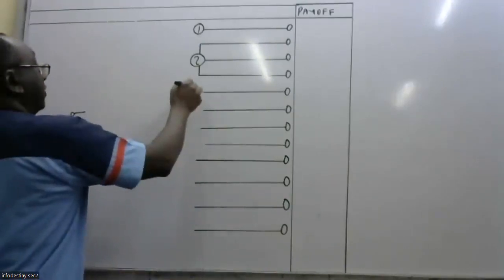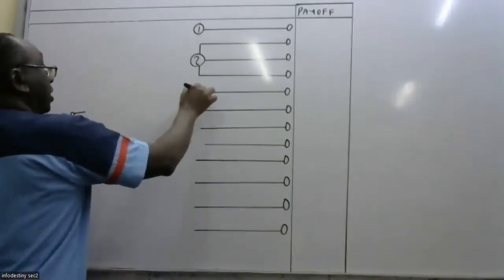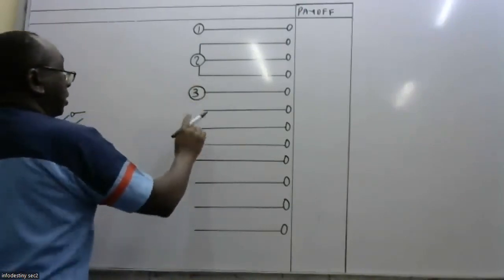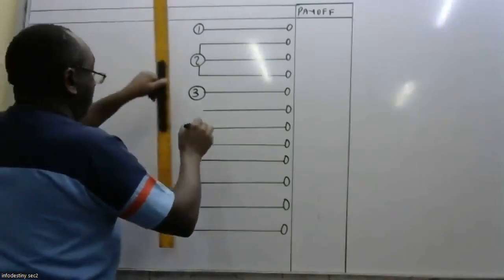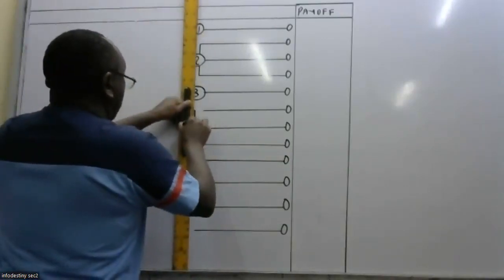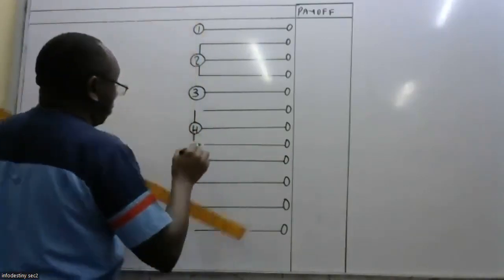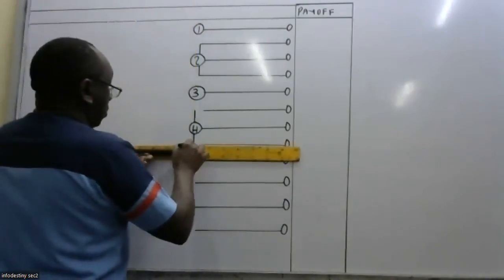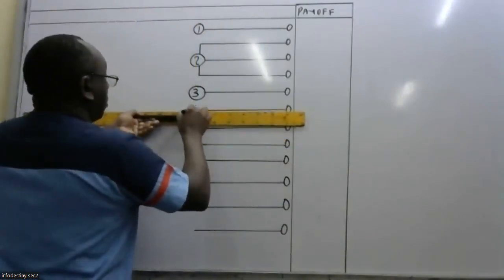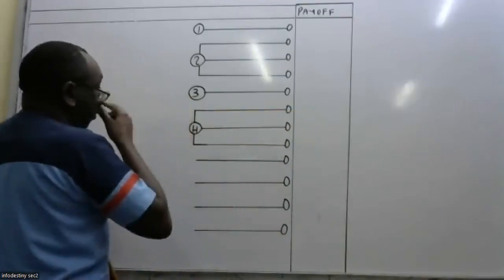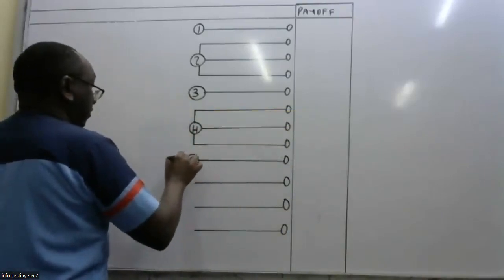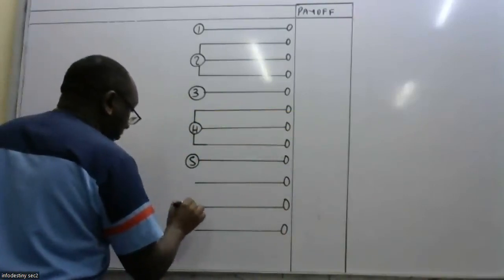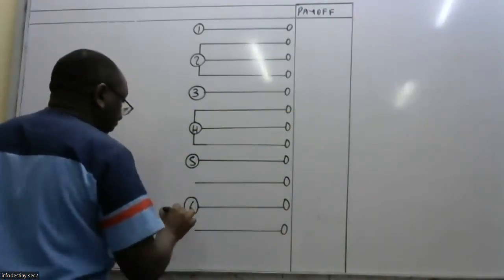So this is where we have number 3. Then here we have number 4. Then we have number 5. Then number 6.